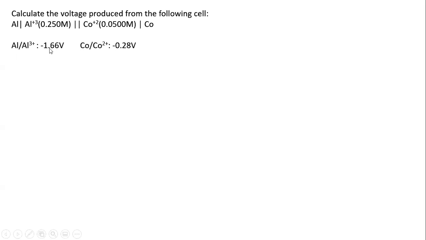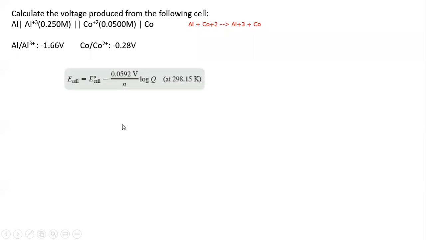But these are the reduction potentials for these two species. Now what we want to do is, if we first write a chemical equation, we can see what are the reactants and what are the products. So when we write this out, we get aluminum plus cobalt 2 plus yields aluminum 3 plus cobalt. So you see aluminum and cobalt 2 plus are reactants, aluminum 3 plus and cobalt are products.